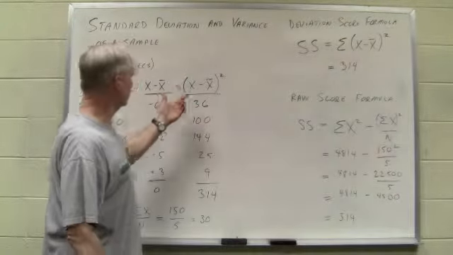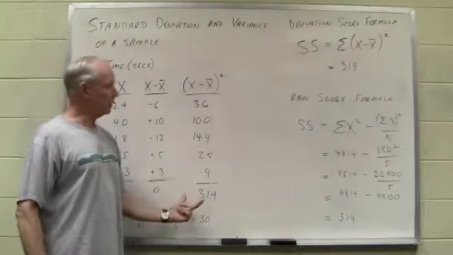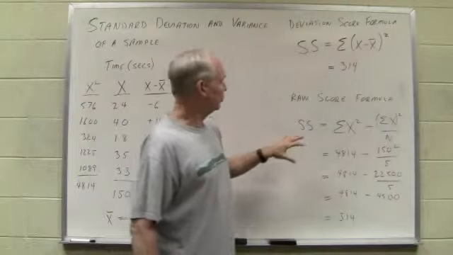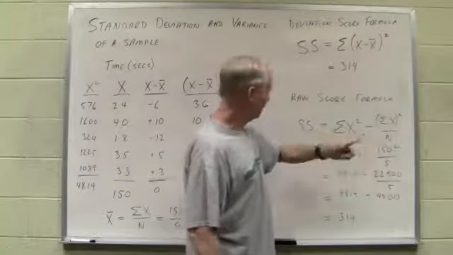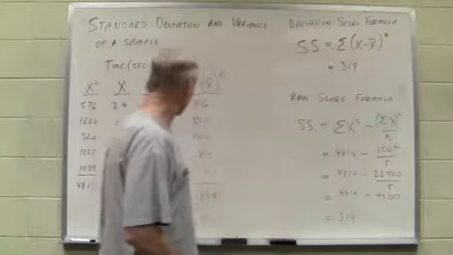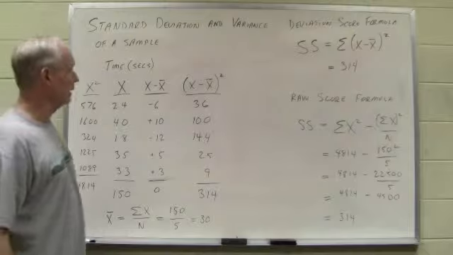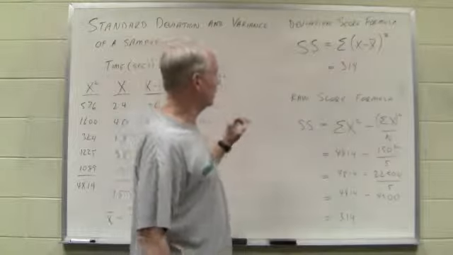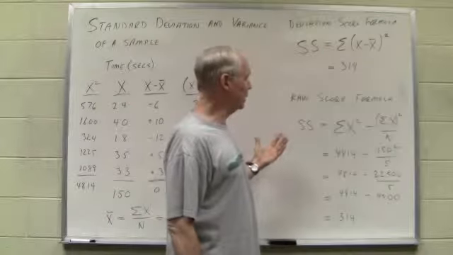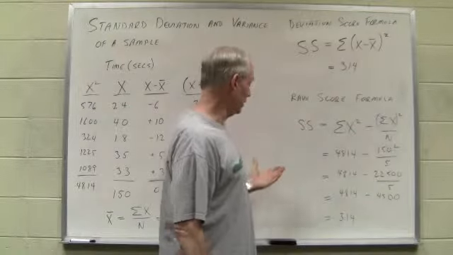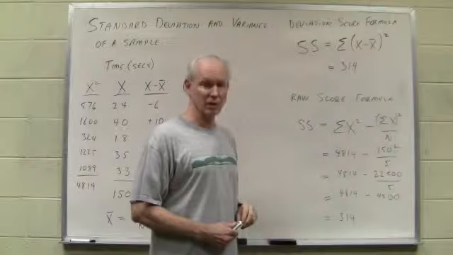That is the sum of all the squared deviations from the mean. Once you have that sum, either by this method or by this method, but this one is usually preferred, you simply take the average. That is, divide by n in order to get the variance, and then you take the square root in order to get the standard deviation.